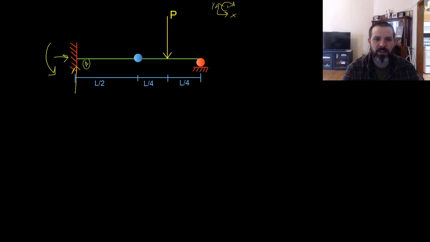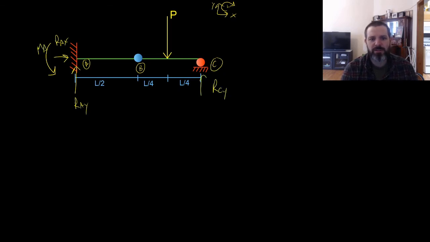We'll call this point A, we'll call this point B, we'll call this point C. We'll have RAY, RAX, and MA, and then we'll have RCY. And if we look at the number of reaction forces we have 1, 2, 3, 4. But we only have 3 equations of equilibrium, so there's no way that we can solve this just using our 3 equations of equilibrium because we have 4 unknown reaction forces.